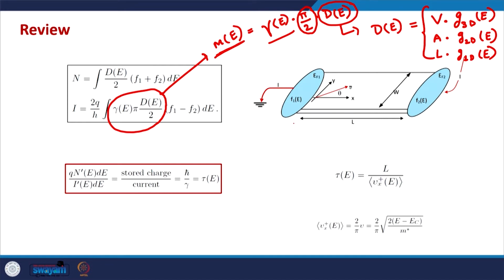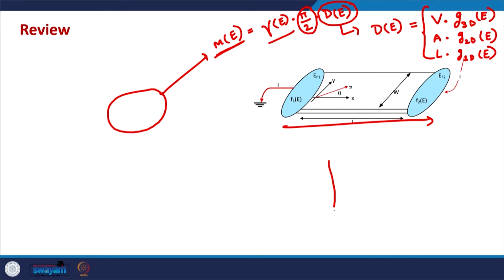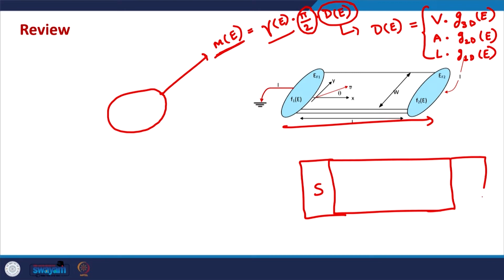This is how it looks, just a slanted view of the channel. We can also take it to be like this. We have a source, we have a drain, and we have a 2D channel. There is a length, and we also have a width, which is denoted as W.